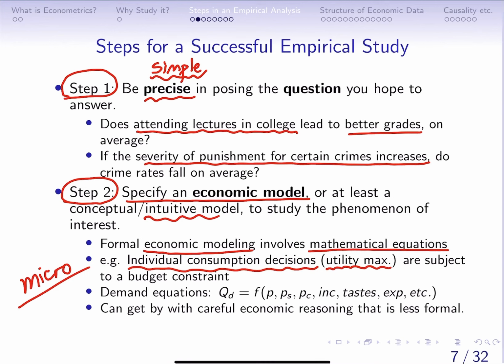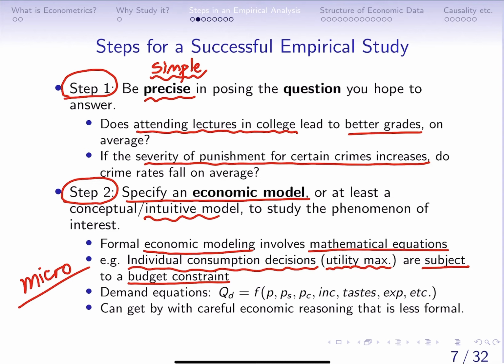So there's a utility maximization problem, and those types of decisions are always subject to some sort of constraint you have in terms of resources. So there's a budget constraint that we think about when we think about individual consumption decisions.